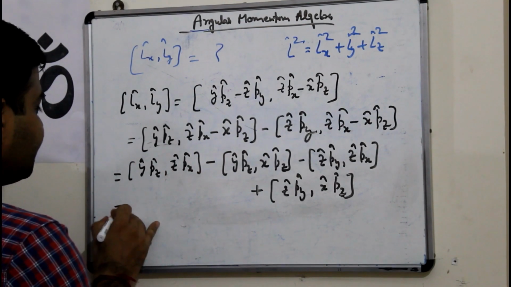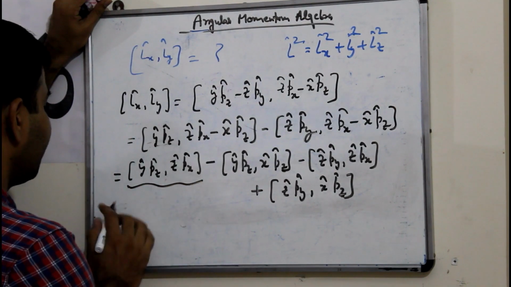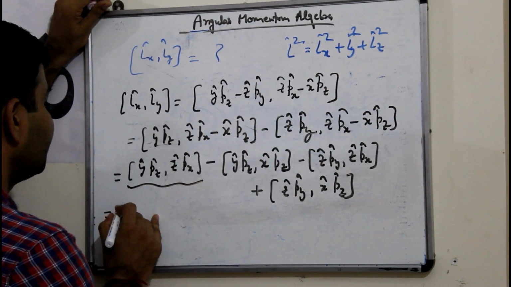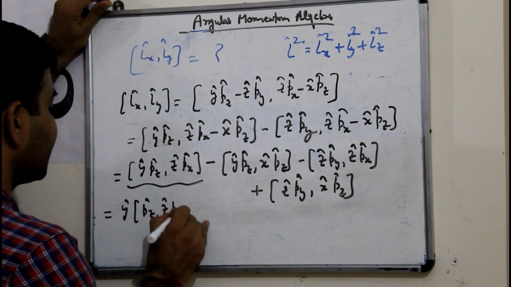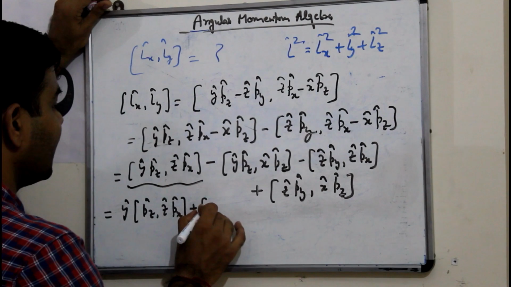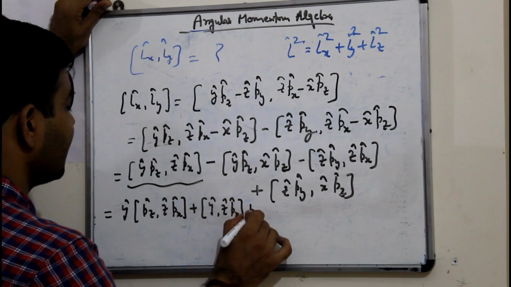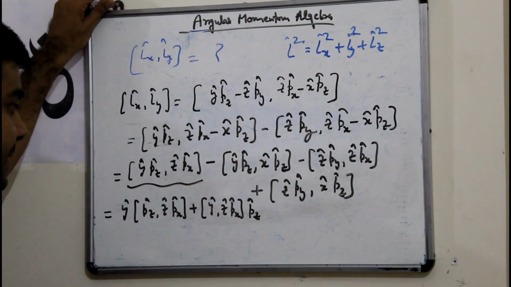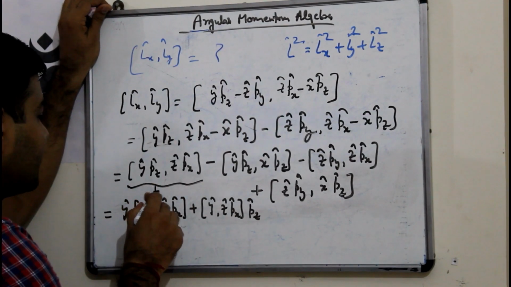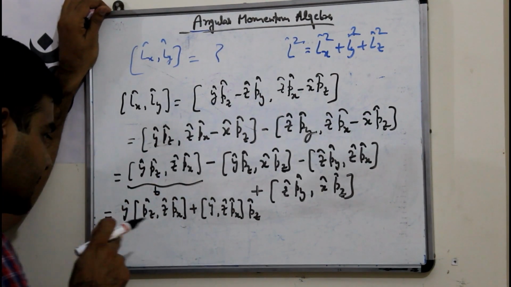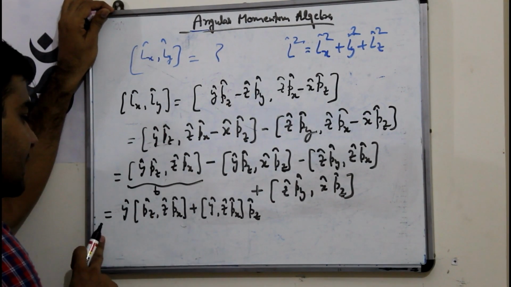So when we apply the same rule in the first bracket, that will become [y hat pz hat, z hat] px hat plus y hat [pz hat, z hat px hat]. Okay, this is the first bracket that I have written. Now in the next step, I take px hat this side and z hat this side.